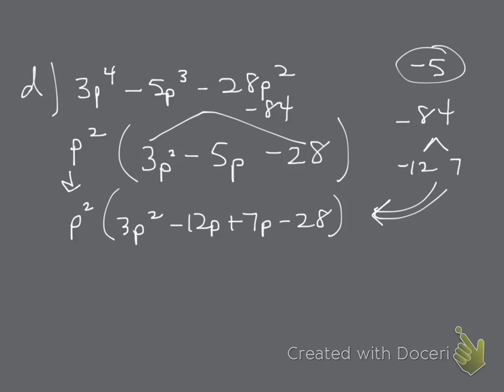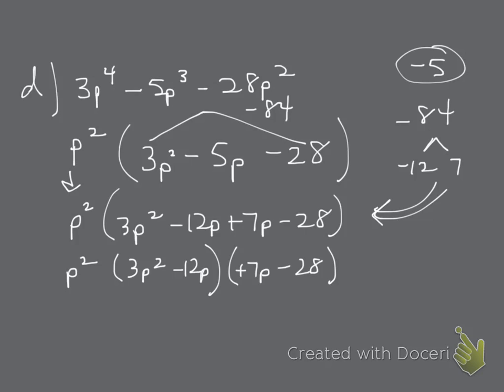Okay, now, what do I do to continue factoring this? So, group them. Now I'm going to have 3p squared minus 12p and positive 7p minus 28. Okay, and I can bring my p squared down if I want. What am I going to do with the 3p squared minus 12p?